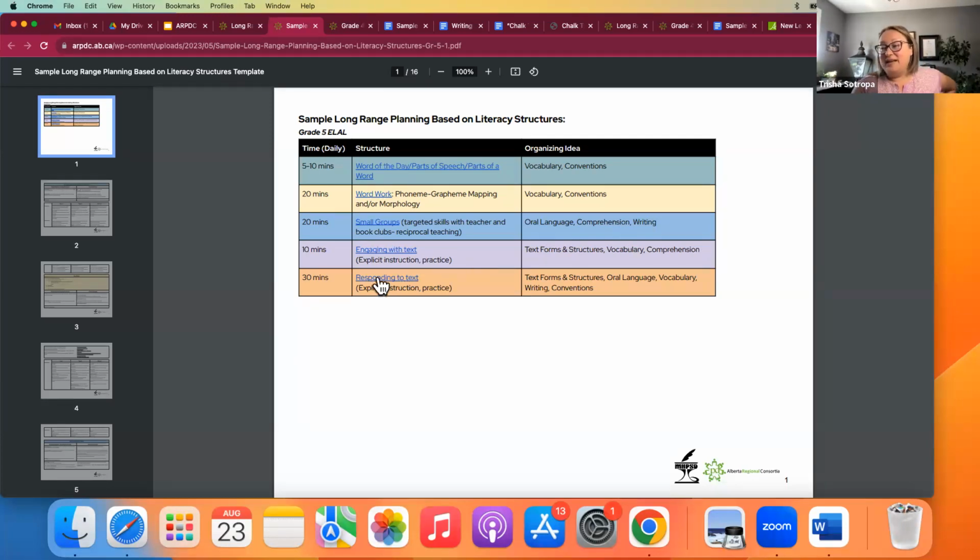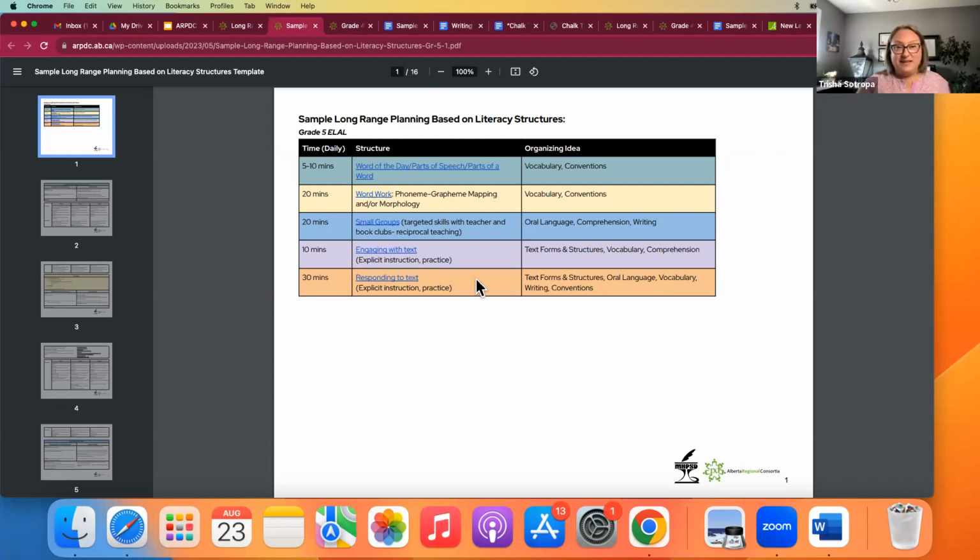And then 30 minutes of, they call it responding to text instead of writing. So I would have called this a writing section, but all of the writing that this teacher does is in response to a text, either using a mentor text or using a piece that they've read and then responded to.